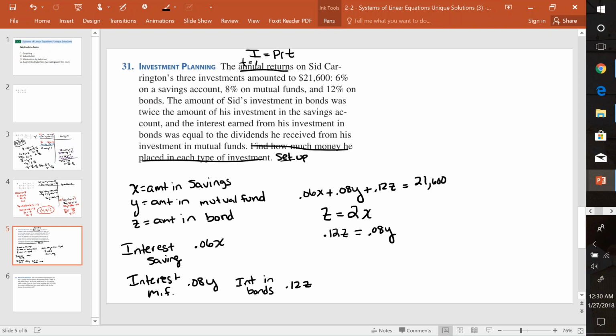Now, if I was going to solve this, which I didn't ask you to because we're going to do that later in a different section, I would probably first just substitute in this, that 0.12z and 0.08y are exactly the same. And since this equation is also in x and z, I would just replace this 0.08y with 0.12z and then go from there. That's using substitution. You would have equations in x and z, and you could solve for one of them and then go from there.